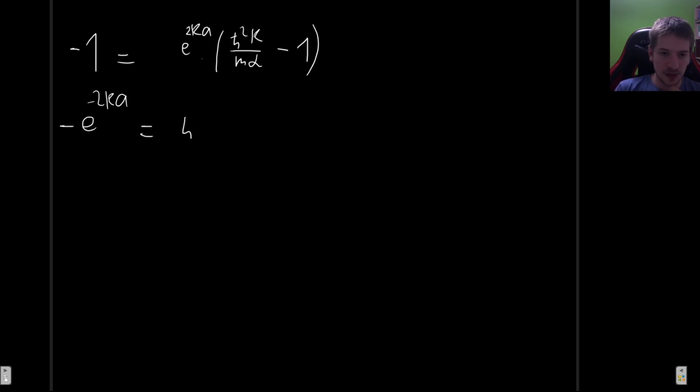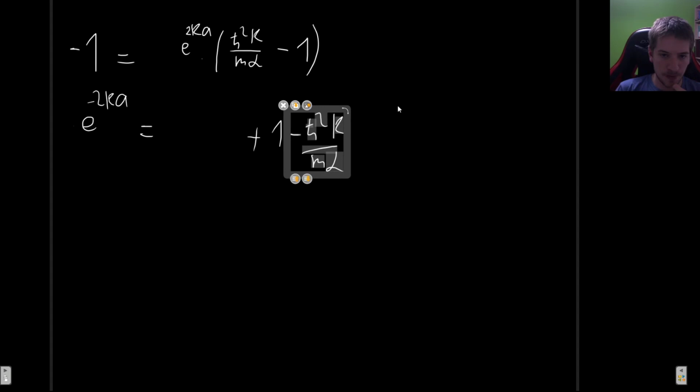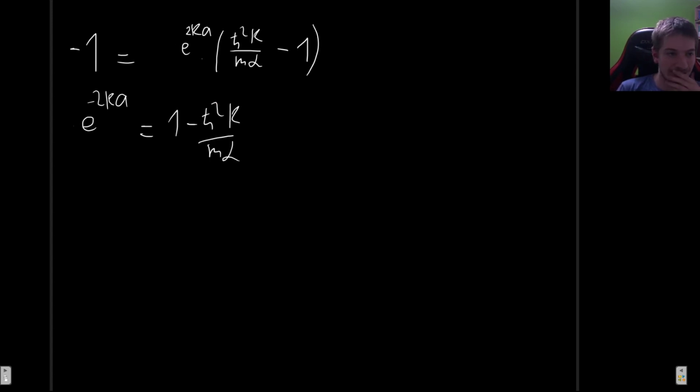This has to be equal to h bar squared k over m alpha minus 1. And the easiest way to solve this is just to multiply through by minus 1, so that we get 1 minus this thing right here, right?